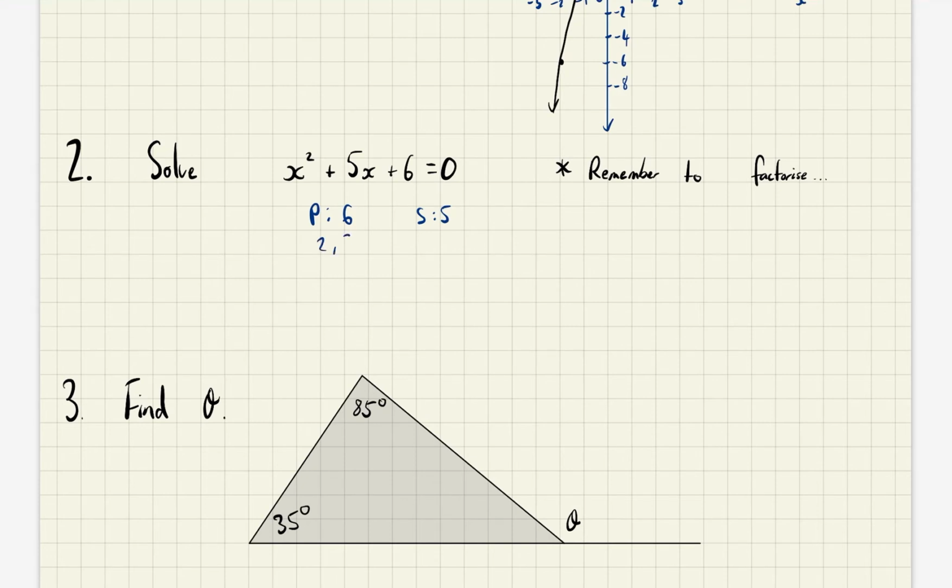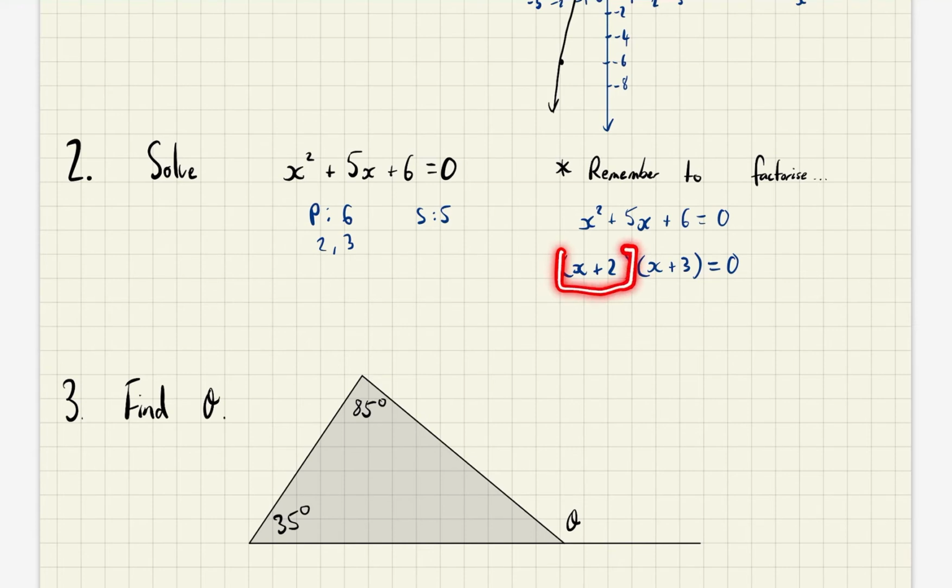I'll go through the list, but I can already see that if I did 2 times 3, I'll get 6, and 2 plus 3, I'll get 5. So I can rewrite x squared plus 5x plus 6 equals 0 as x plus 2 times x plus 3 equals 0. So that's the factorizing part done.